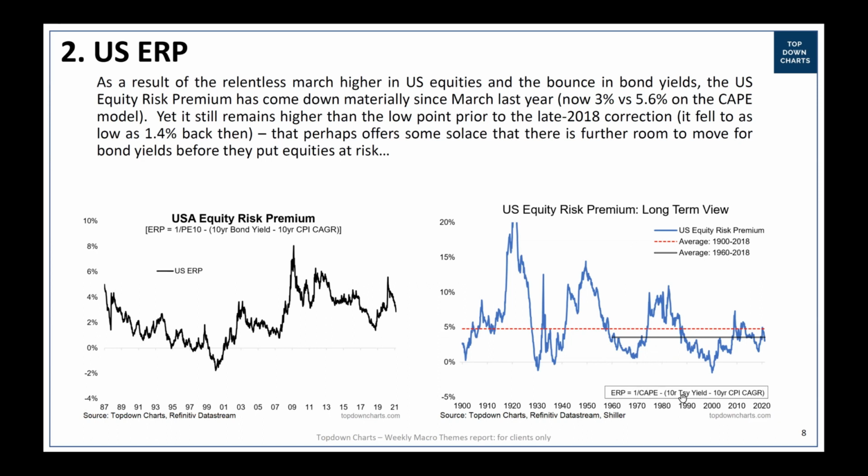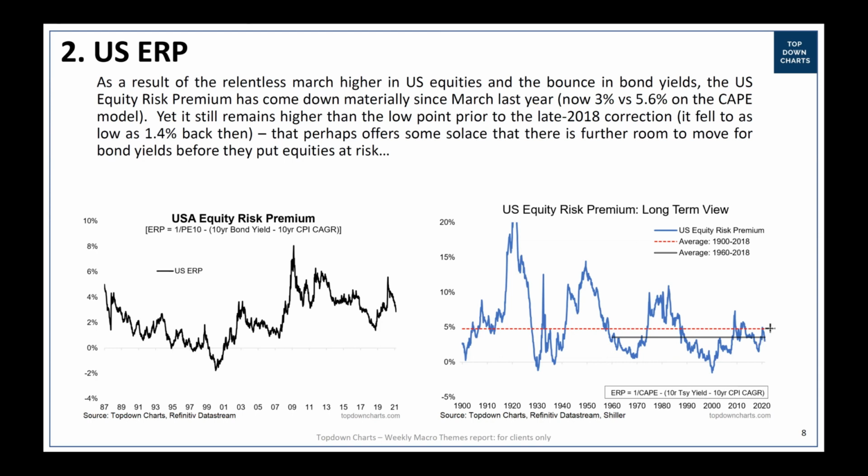So anyway, it takes that minus the 10-year Treasury yield, the current yield, and minus the 10-year CAGR, or compound annual growth rate, of CPI, so the 10-year inflation rate. And that's what we end up with there.